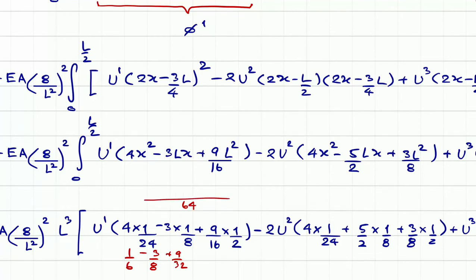So the common factor might be the 64, right? Oh no, 96. Right? 96. And then minus. No. That is 54. Well.